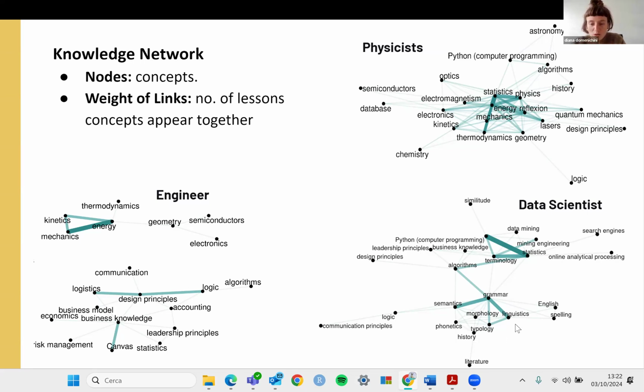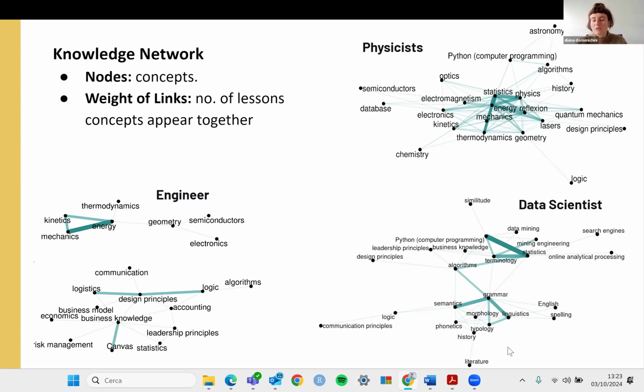In the lower one we see knowledge related to humanistic concepts, like grammar, semantics, linguistics. This is because this person followed a bachelor's degree in digital humanities, so he was following courses about humanities but also about computer science.